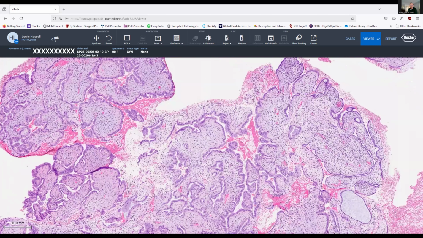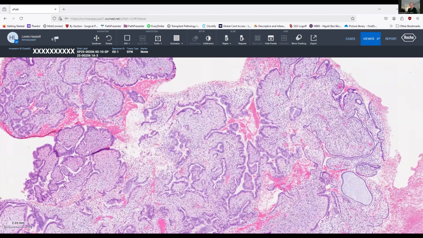Now, this is a rather pronounced area. We have a lot of the atypical glandular tissue in this sample.